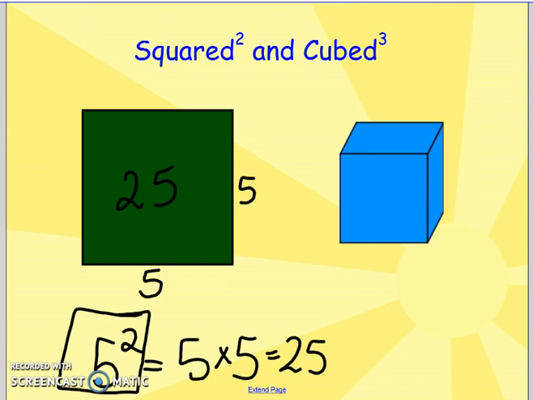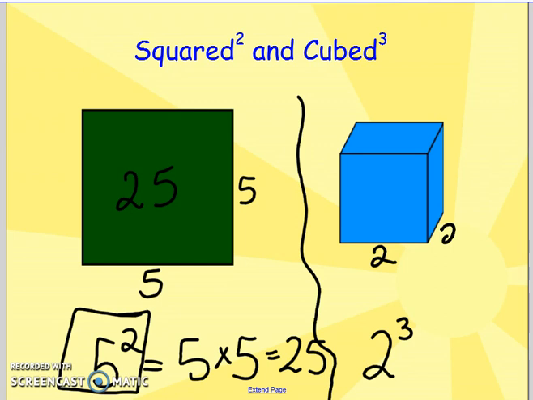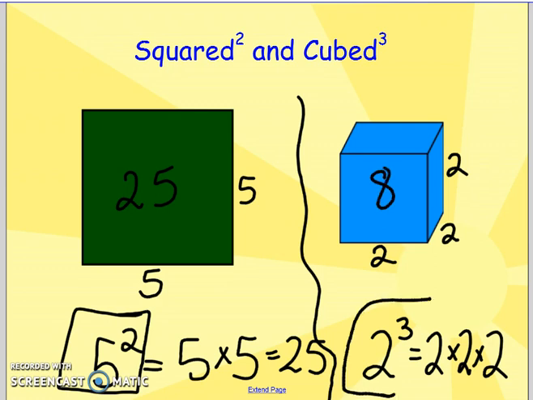Same thing. Over here, if you had 2 cubed, that means that your cube has all sides of 2. And how you find the volume of a cube is you do repeated multiplication. 2 times 2 times 2 to find the volume of your cube. That's why you can say this as 2 cubed or 2 raised to the 3rd power.